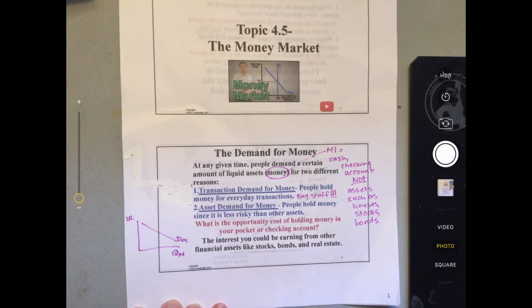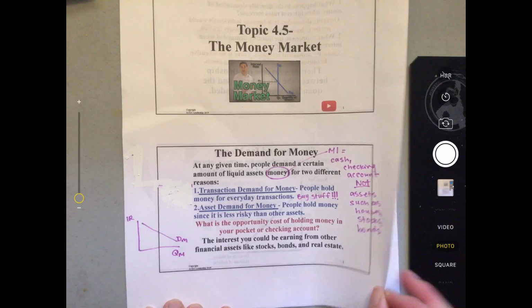The opportunity cost is the interest you could be making on other assets, such as stocks, bonds, and real estate. So if you're holding this money either as cash or in a checking account, you are not earning the interest rate of other assets such as stocks, bonds, and real estate.